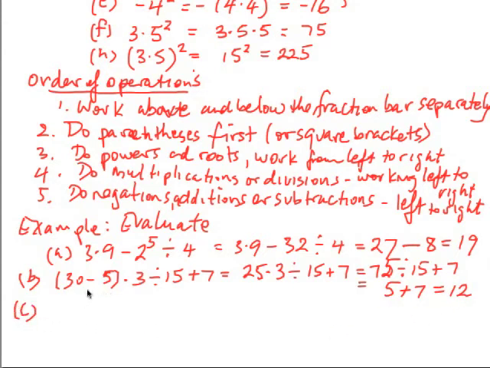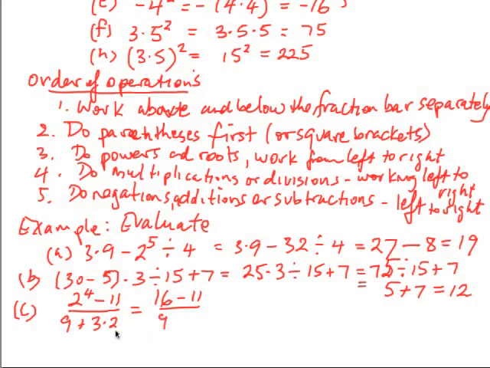Right, part C. What if I have 2 to the 4 minus 11 divided by 9 plus 3 times 2. Alright, we do work the above and below the fraction bar separately. So powers are first here, so that'll be 16, 2 by 2 by 2 by 2, minus 11.